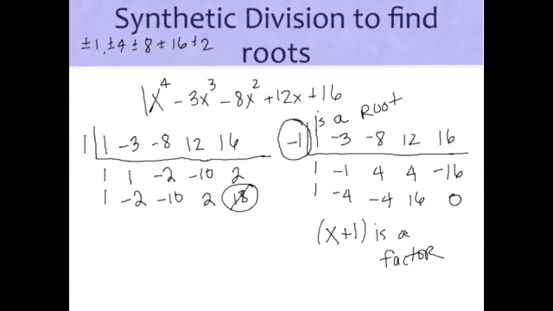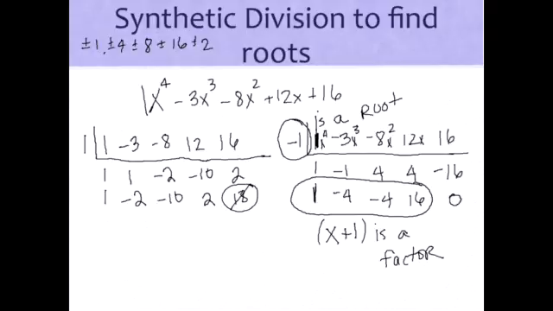Okay. Now, in the process of doing synthetic division, what I'm left with right here is called a depressed equation. So what is this equation? Well, this was 1x to the 4th, 3x to the 3rd, 8x squared, 12x, and 16.